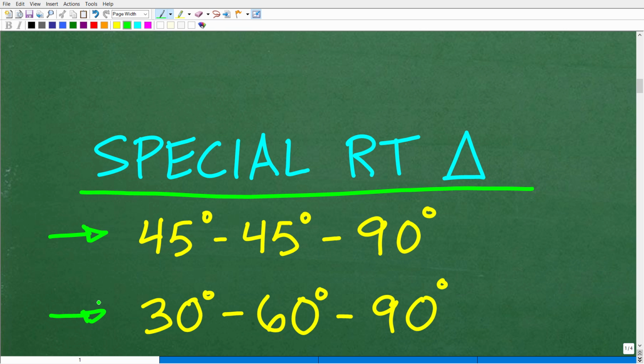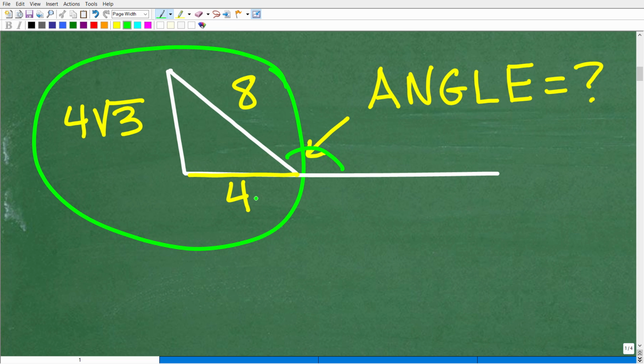So it's the 45, 45, 90 degree special right triangle and the 30, 60, 90 special right triangle. You have to be able to recognize these triangles. Now, I'll tell you more about these types of triangles here in a second. But if you are really good at recognizing special right triangles, you'll see that this triangle right here actually is a 30, 60, 90 special right triangle.